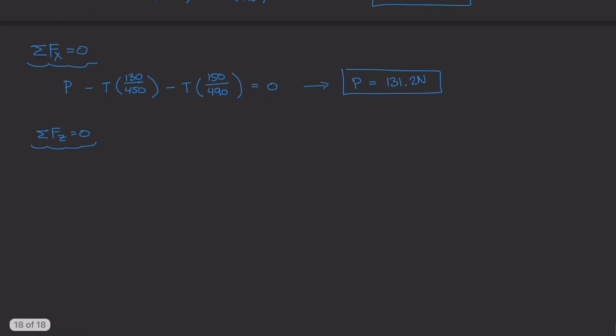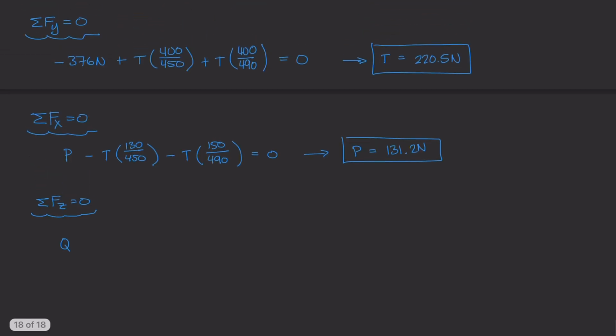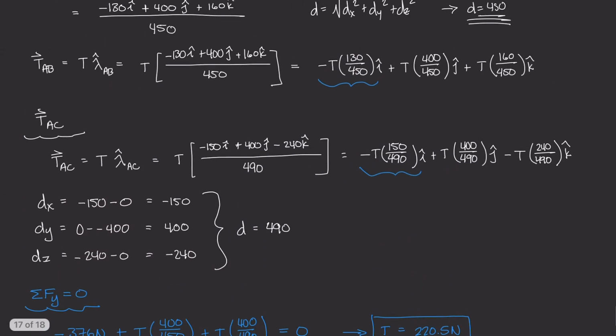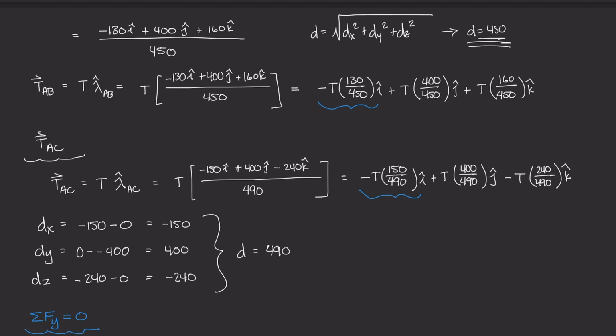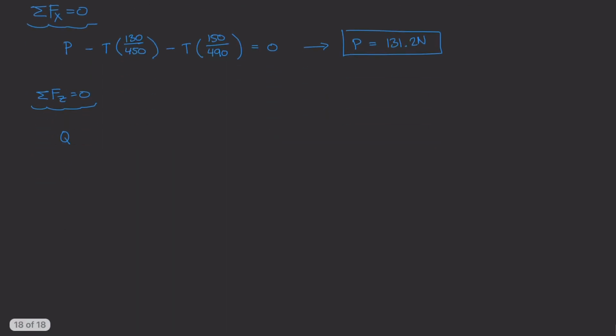So that value is going to start off with a positive Q, and then we'll need the z components of TAB and TAC. So for TAB, the z component is this value right here. So we can put that down here by saying that's a plus tension times 160 over 450.